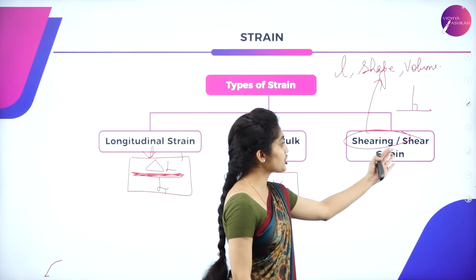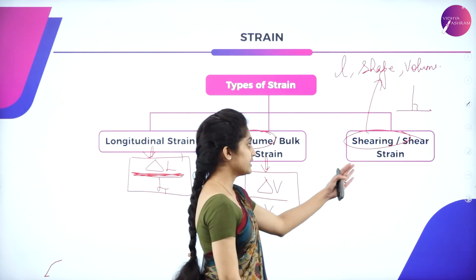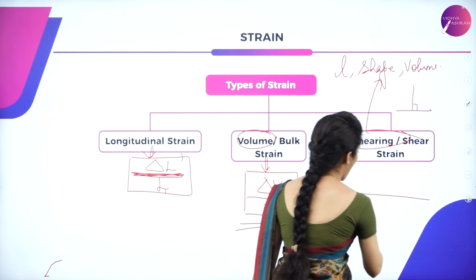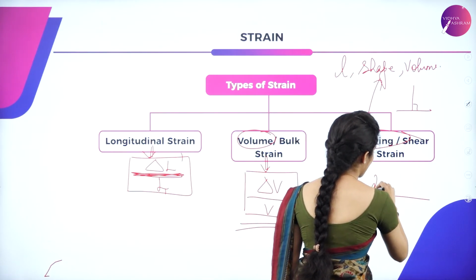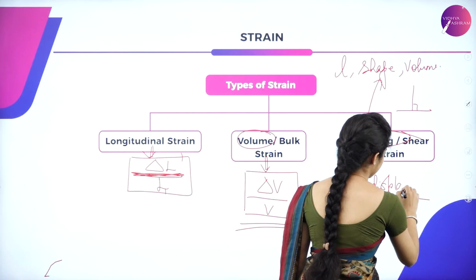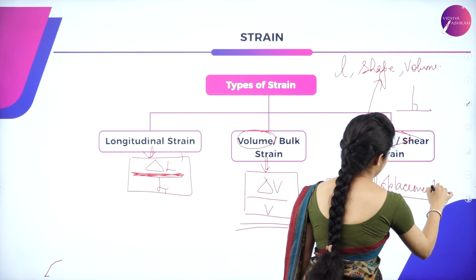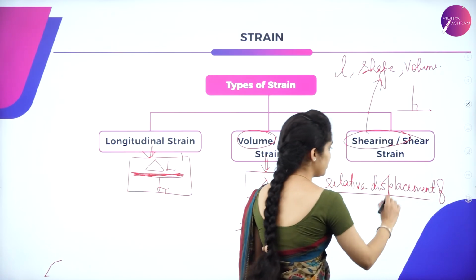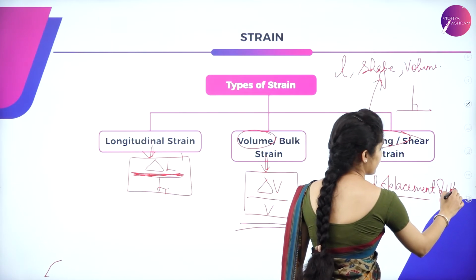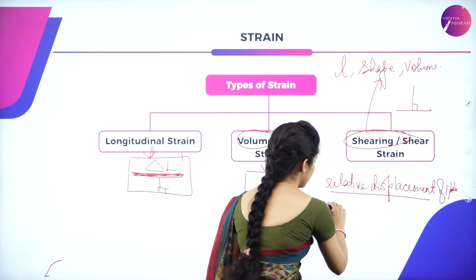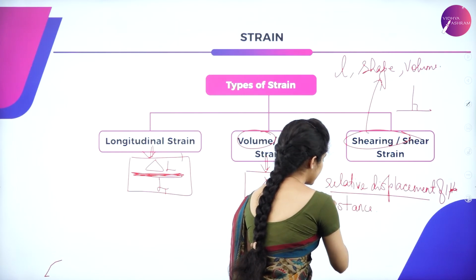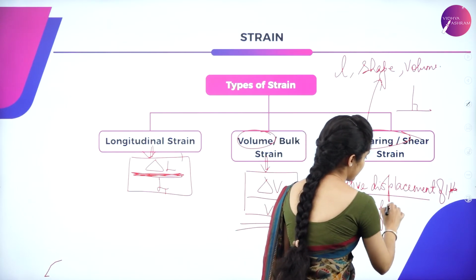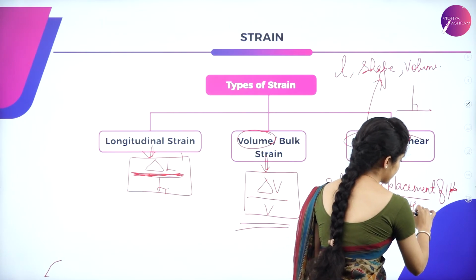Shearing means it is the ratio of relative displacement of one plane to its distance from the fixed plane.